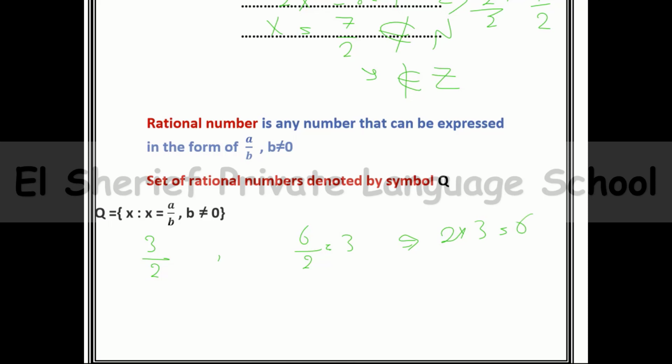If I have 4 over 0, why must b not equal 0? Because I can't find any number that, multiplied by 0, is equal to 4. 0 times any number doesn't equal 4. So b must never equal 0.